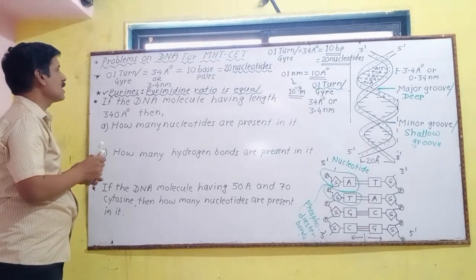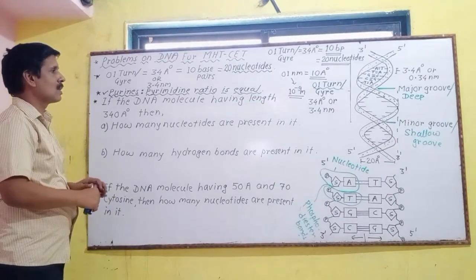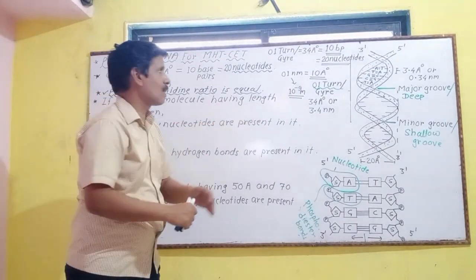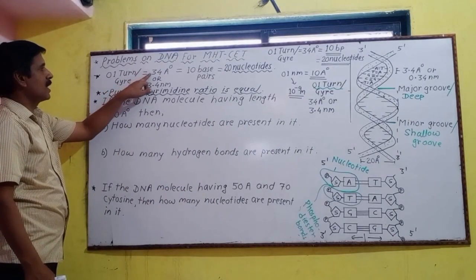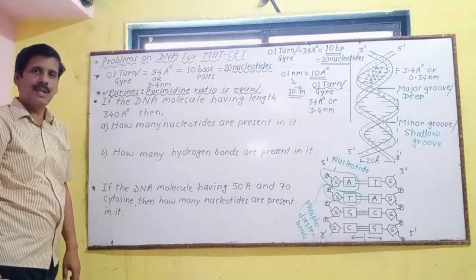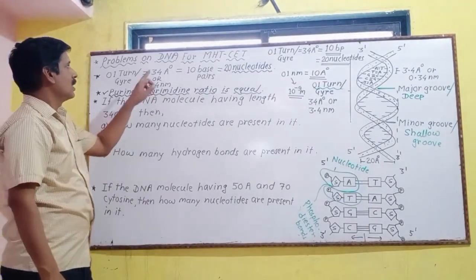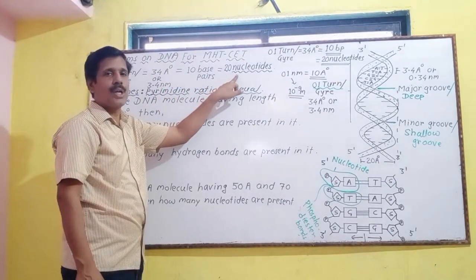These two things must be remembered while solving problems based on the Watson and Crick model of the DNA. That is, one turn or gyre equals 34 angstrom or 3.4 nm, because 1 nm equals 10 angstrom. Then 34 angstrom consists of 10 base pairs, so 20 nucleotides are present.